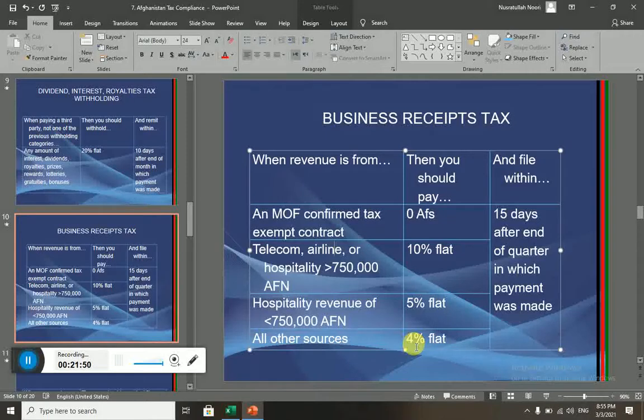So these are 4 categories here. Category number 1 is 0%, category number 2 is 10%, category number 3 is 5%, and category number 4 is 4%, right? So other than these 6 sectors, the remaining sectors or businesses are subject to 4% BRT on a quarterly basis.